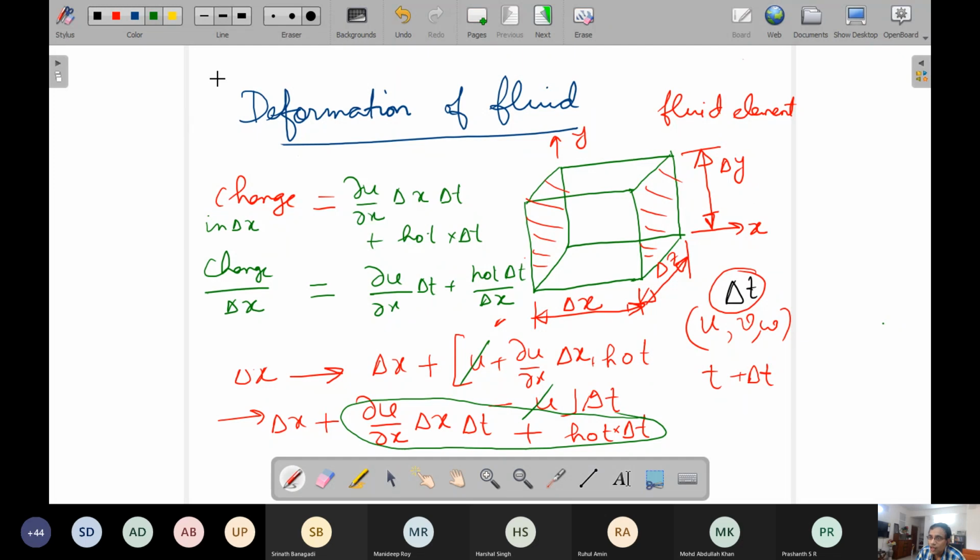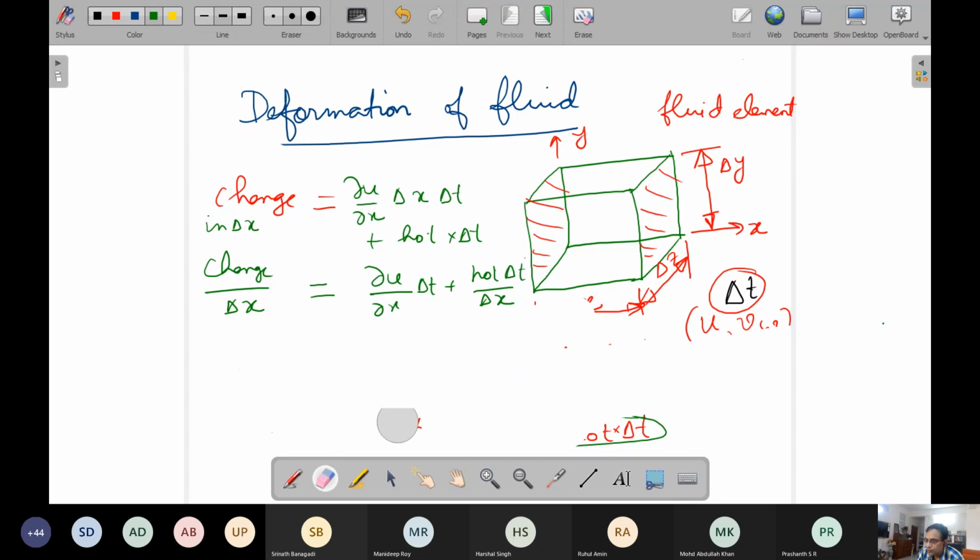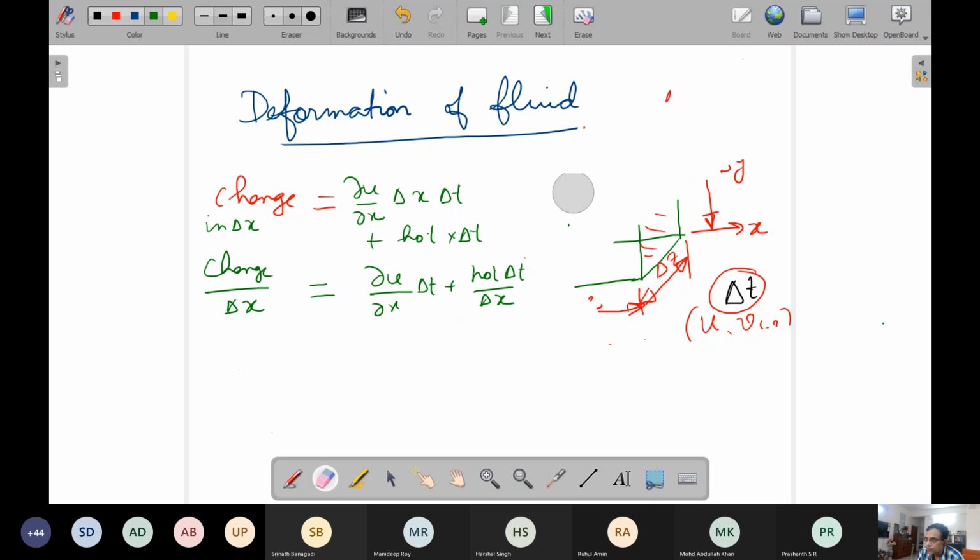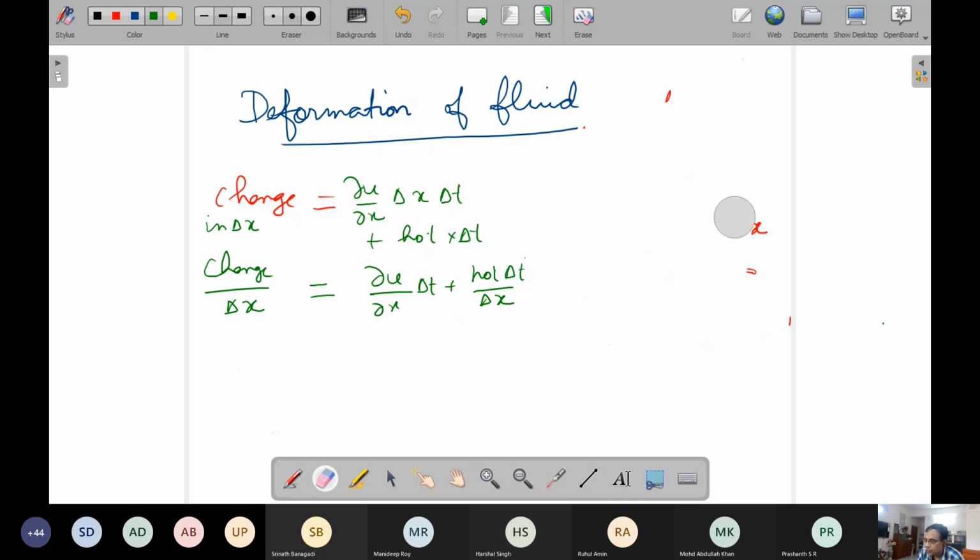That means, in other words, let me just clear some space so that I can write it. So if you find out this change divided by delta x divided by delta t, that is per unit time, and you take the limits as delta t tends to 0 to get the rate, and we also take the limit as delta x tends to 0.